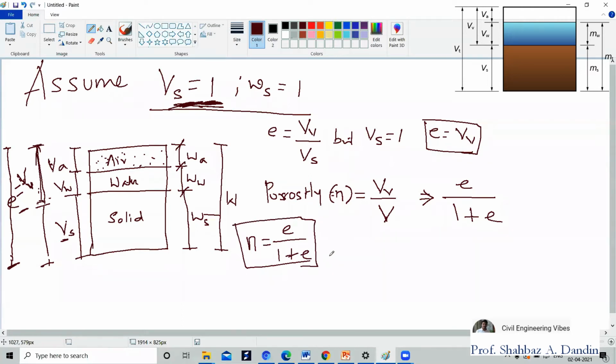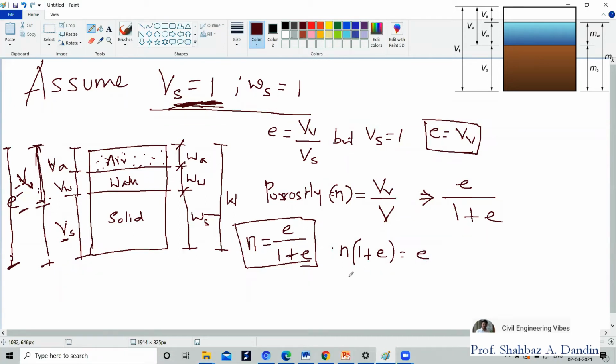Now another relationship. We will derive it from this one. How to make it? Cross multiply. Porosity n, we can take n common: n times (1 plus e) is equal to e. Can I do this?